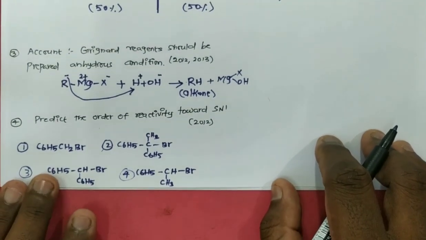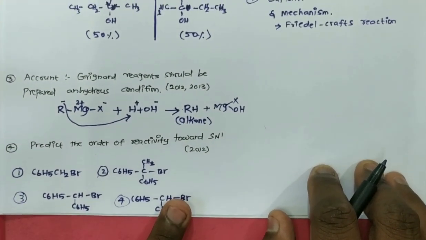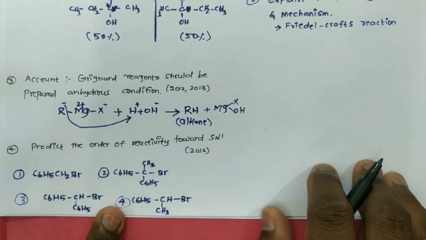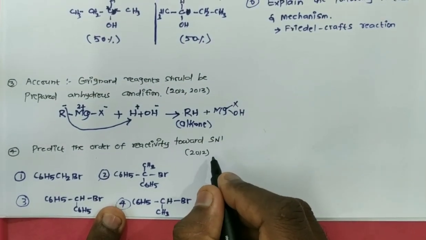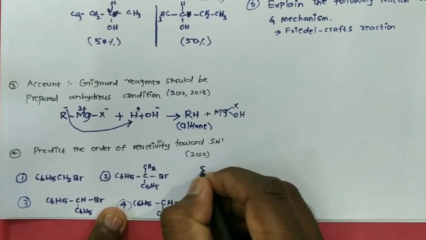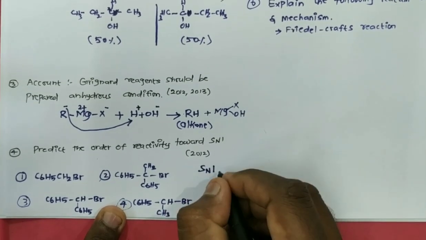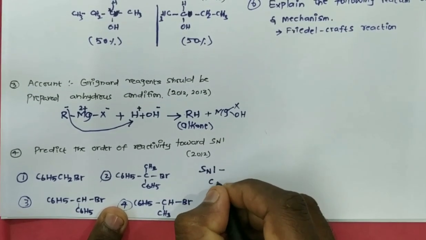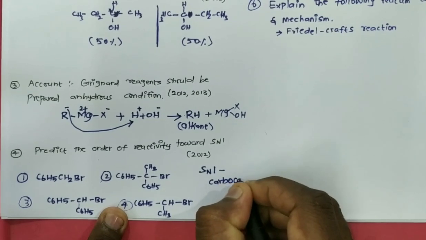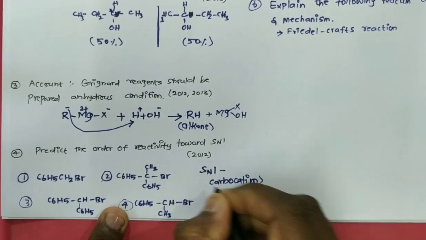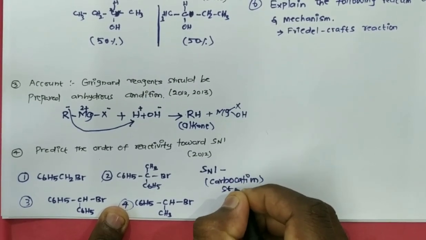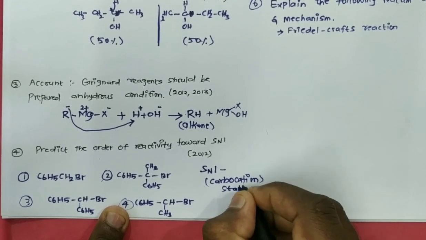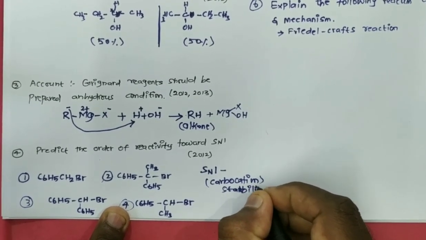And the next one is: predict the order of reactivity towards SN1. As we discussed earlier a lot, SN1 entirely depends on the stability of the carbocation. Carbocation stability is very important in the case of the SN1 reaction.